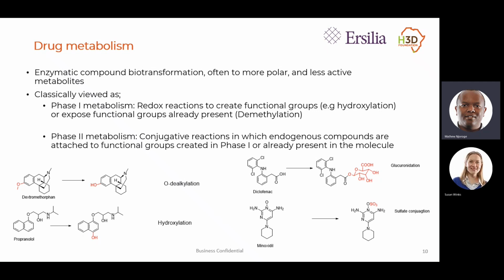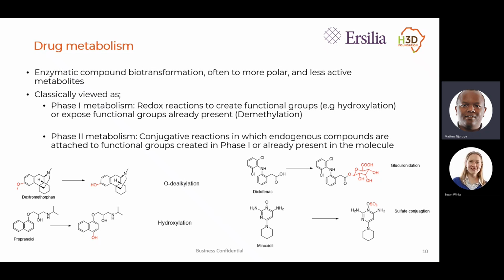So you can have phase 1 metabolism occurring before phase 2 metabolism, phase 2 metabolism followed by phase 1 metabolism, followed by phase 2 metabolism, and you can have many variations of that. The only thing is that the compound is going to be metabolized until it has the right properties to be excreted from the body.